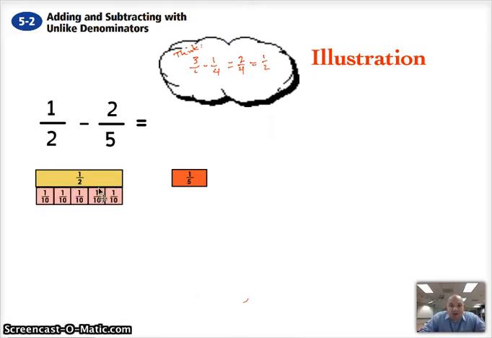I know that 5/10 makes up 1/2. And I know that 2/10 makes up 1/5. If I simplified those two fractions, they'd be 1/2 and 1/5 respectively. So now I've got 5/10 subtract 2/10.